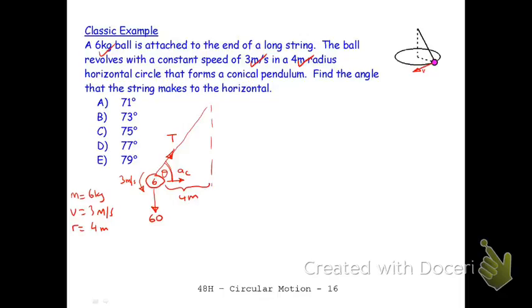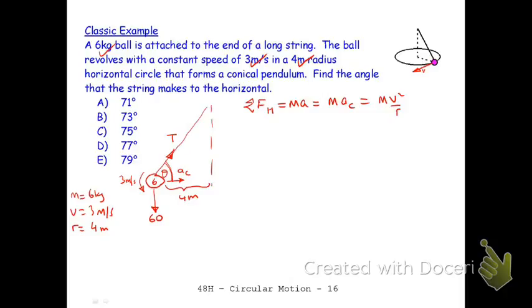Let me think for a minute. I'm thinking, no, I should be all right. Okay. So I'm going to say the sum of the forces horizontal equals ma, which equals ma_c, which equals mv squared over r.